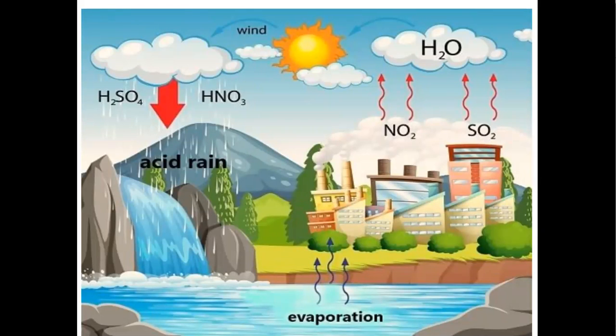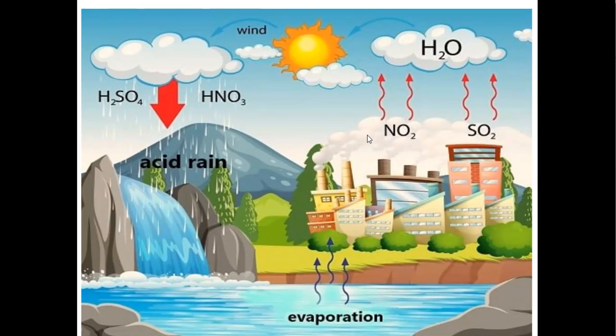You can see here the principle is based on primary air pollutants and secondary air pollutants. Before going to this, you have to know what a primary air pollutant is. The air pollutant which is directly emitted from the source is known as a primary air pollutant. For example, NO2 and SO2, that is, oxides of nitrogen and oxides of sulfur, are directly emitted from different sources like industry and urbanization.